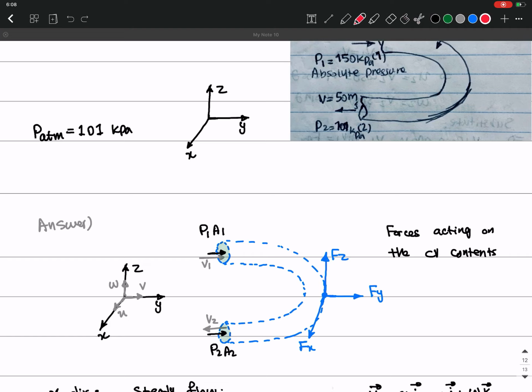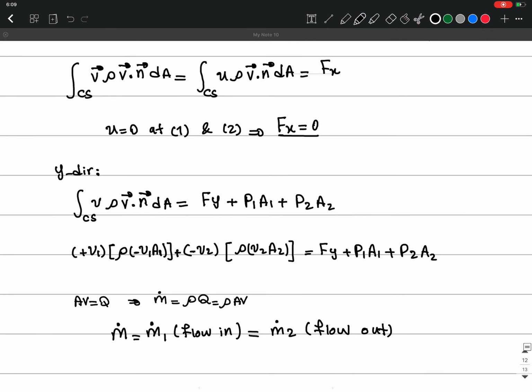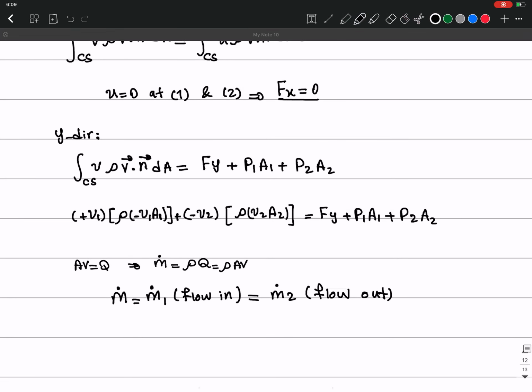Assuming that there is no leakage here, this is what I can say from continuity, and so I write an additional equation here. So m dot, the mass flow rate, equals m dot 1, which is the flow in, and this equals m dot 2, at section 2, which is flow out, right? For these two sections, I can write this down.